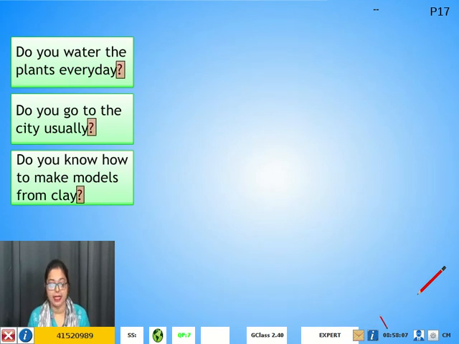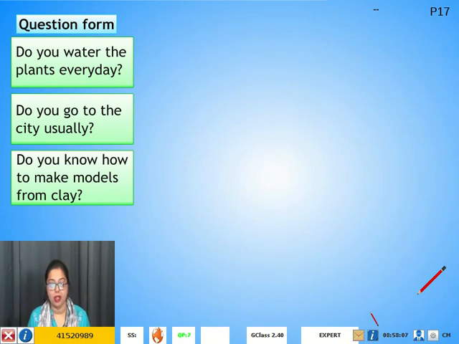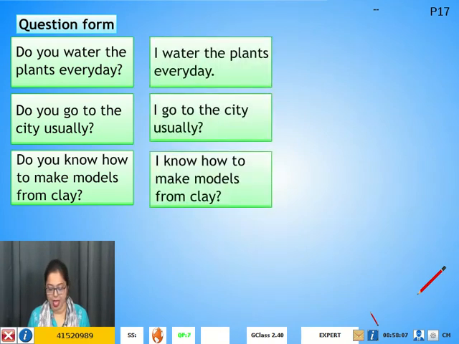Next, these all are sentences with a question mark. That means these all are interrogative sentences. Now these all are in question form. Look at the sentences carefully. Now look at the answers of these questions.